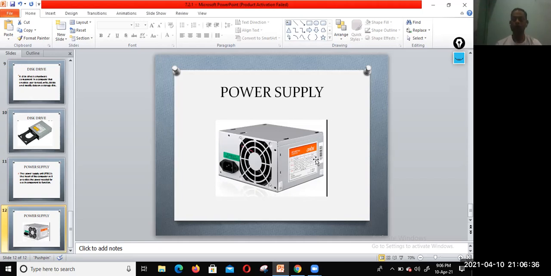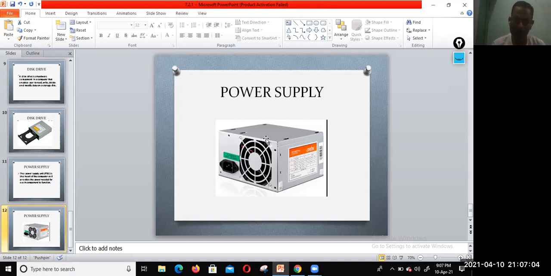It also has a built-in fan to cool down the computer. Once it starts, you can hear the sound. What is the use of this fan? It cools down the computer by throwing off the excess heat produced by the computer.